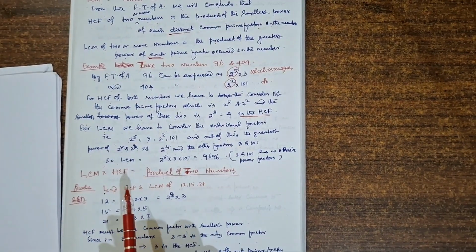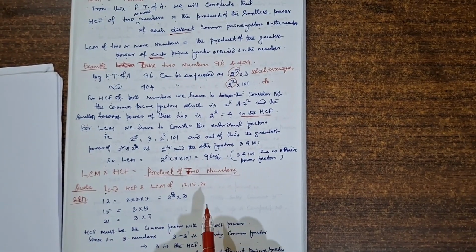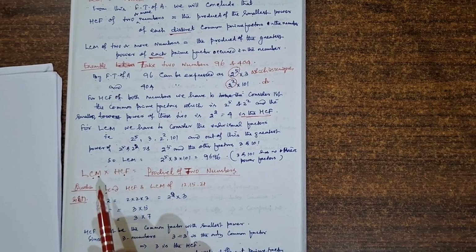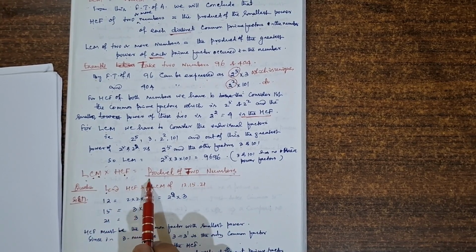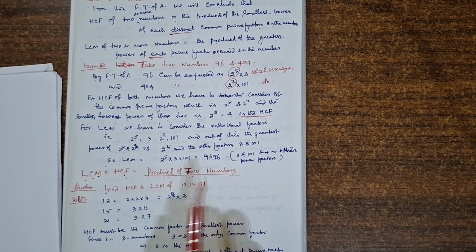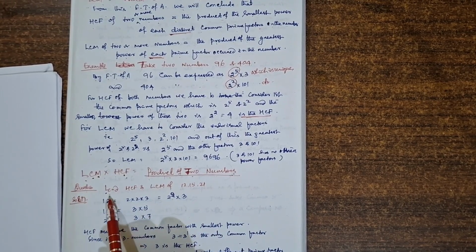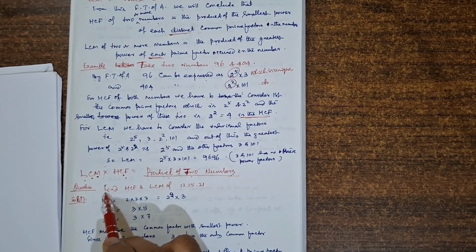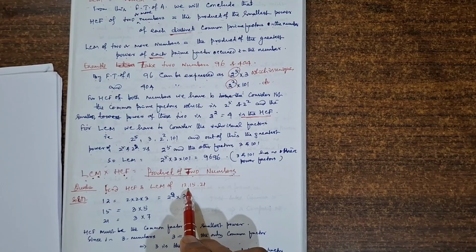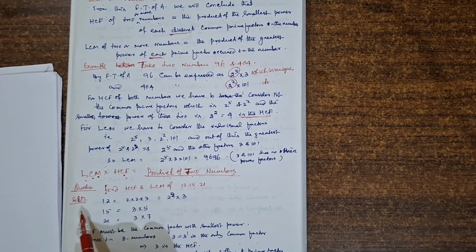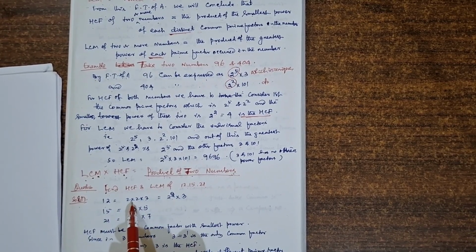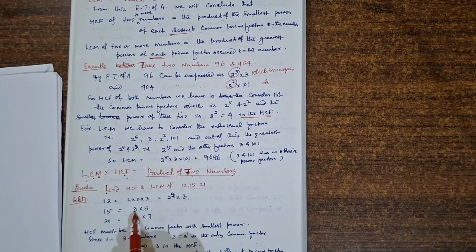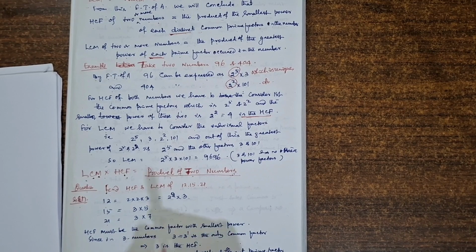Now there is a very basic formula, a very important formula regarding LCM, HCF and the two numbers, that LCM into HCF is equal to the product of two numbers. For example, a question like: find HCF and LCM of 12, 15 and 21. Solution: 12 we can factorize as 2 into 2 into 3 or 2 square into 3, 15 is 3 into 5, 21 is 3 into 7.